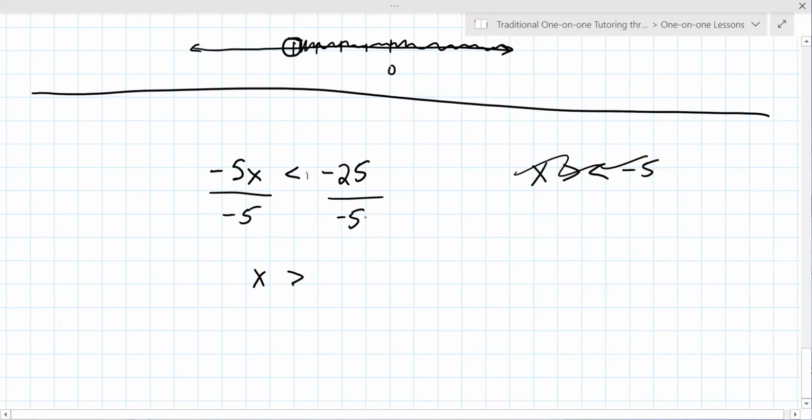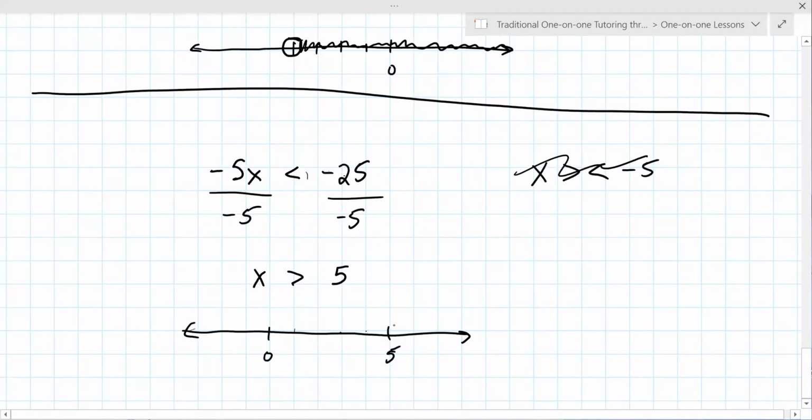What is -25 divided by -5? 5. Wait, did I get that correct? Oh, well, they're both negatives, so that cancels. 25 divided by 5 is 5, x greater than 5. Right? So here's 5 on a number line: 1, 2, 3, 4, 5.